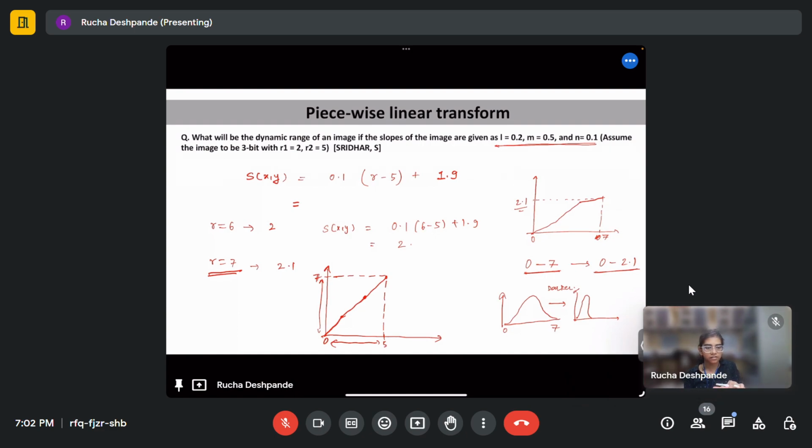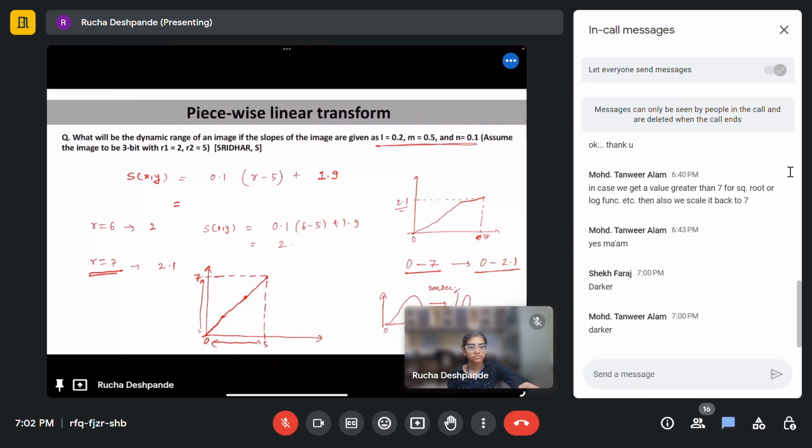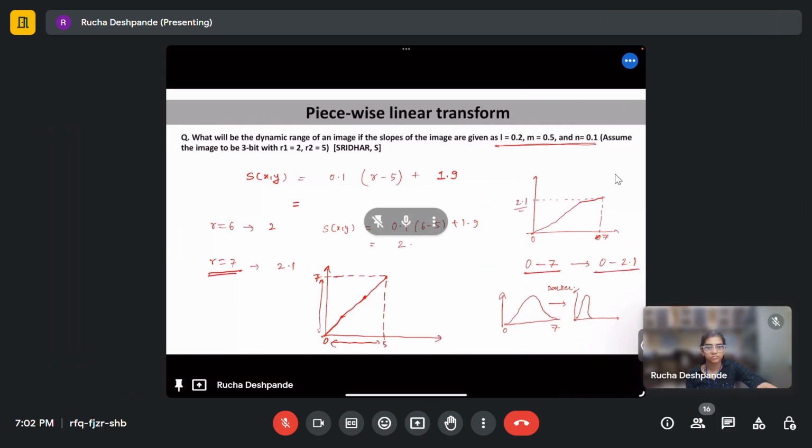Is this clear? Yes, would you please discuss the advantages and disadvantages of this technique? So here, you have to select the function based on your utility.